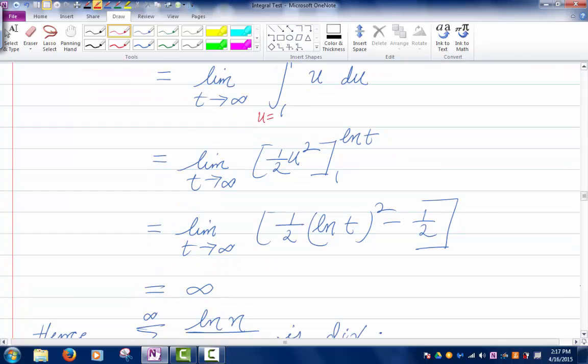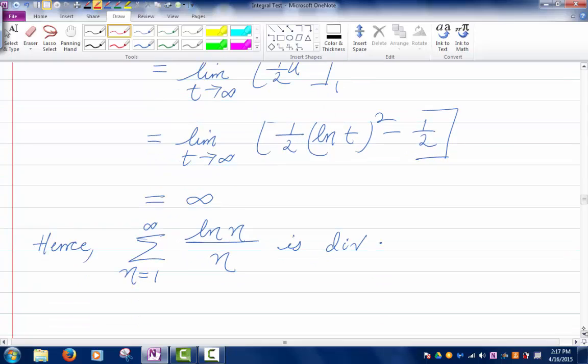So that implies that the integral from e to infinity of ln of x over x is divergent. And so the series n going from 1 to infinity of ln of n over n is divergent by the integral test.